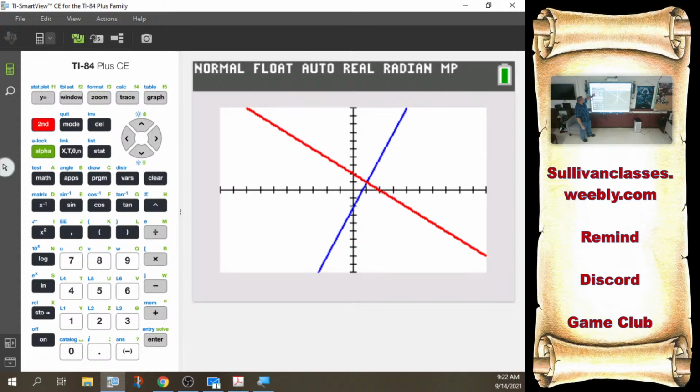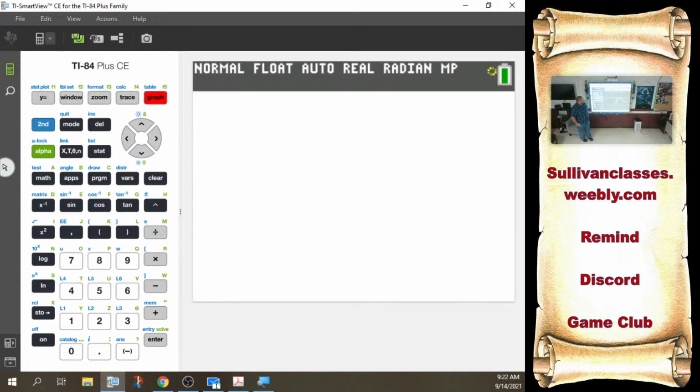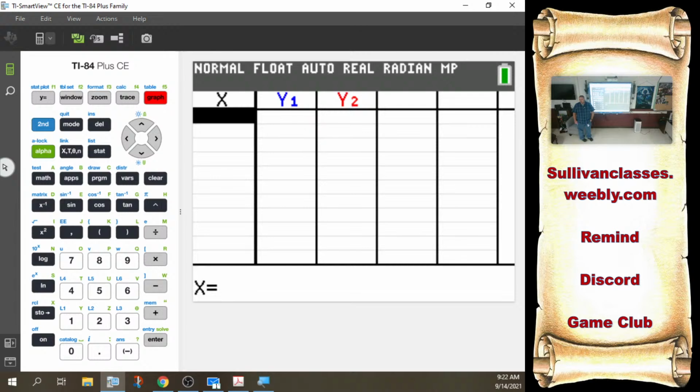But anyway, I have this. If I go to my table, you notice now you're going to have both y1 and y2. I'm getting really, really close to, we said -3. I have to decide which one do I care about. Which rule was I using? I was using the second rule. Well, hey, look, it exists. Now, if I'm going to get really, really close to it, I have to remember that at -3.001, I'm looking at the blue.